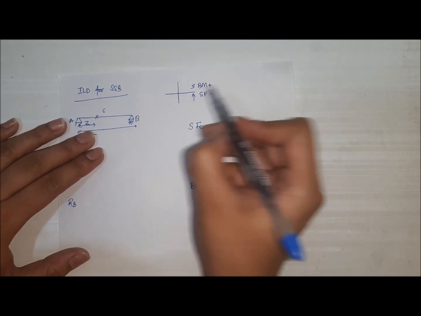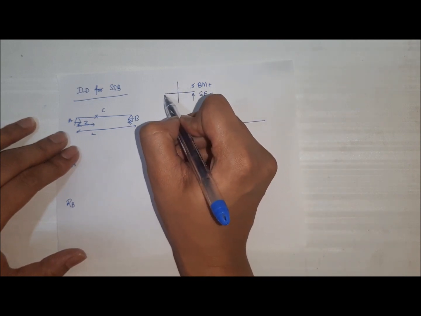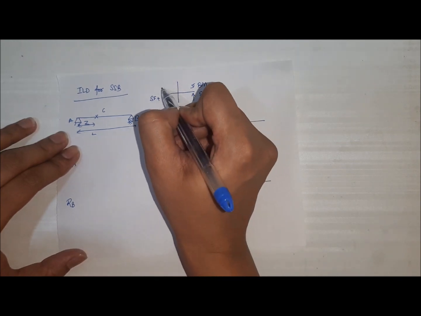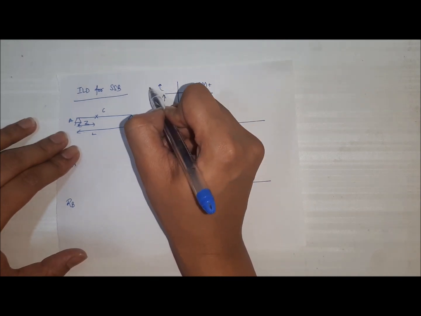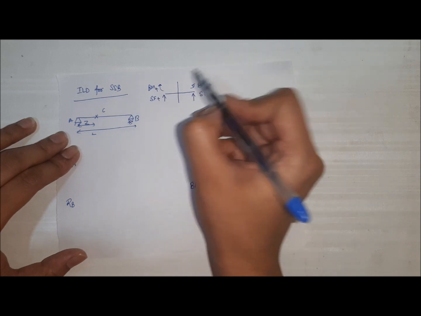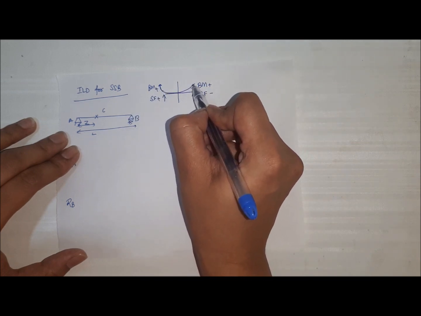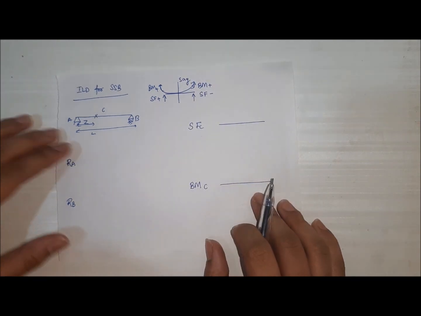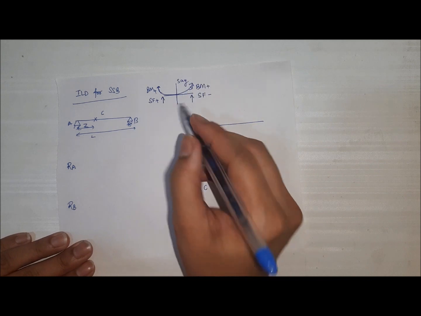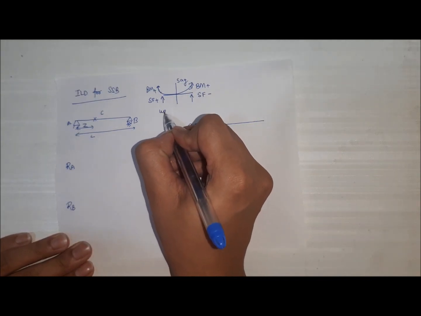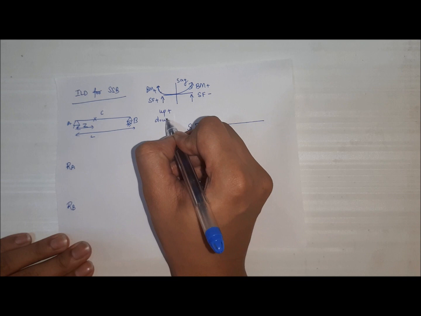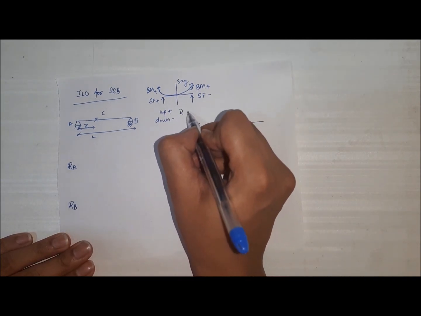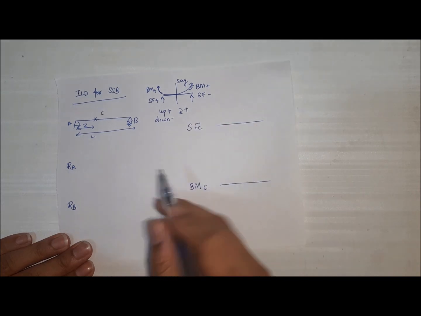Now, whenever a force in the left portion is acting upwards, we get shear force as positive and bending moment as also positive, because this bending moment is trying to sag the beam, and sagging bending moment is considered as positive. Also, in our convention for ILDs, up means positive and down means negative. And also rotation in the clockwise direction will be considered as positive again.